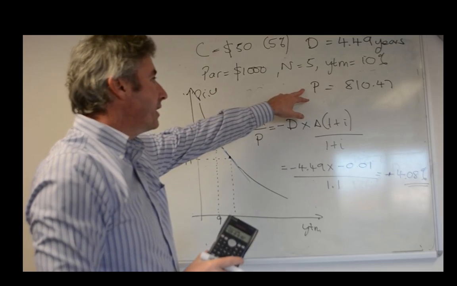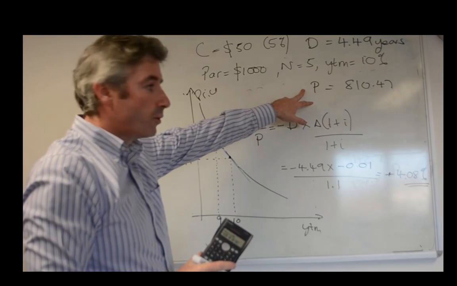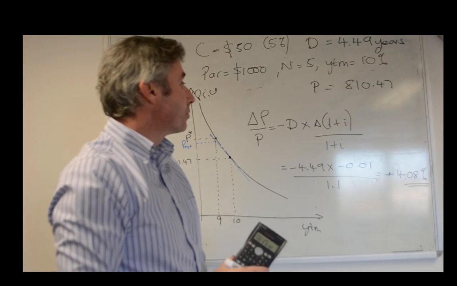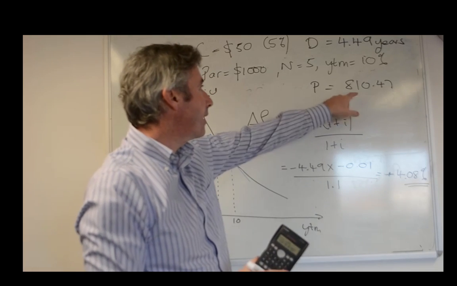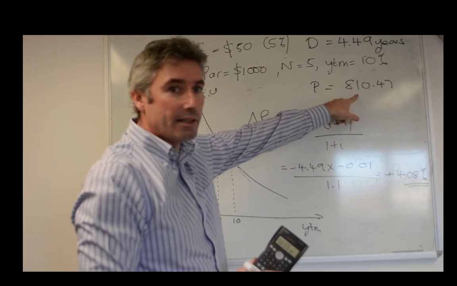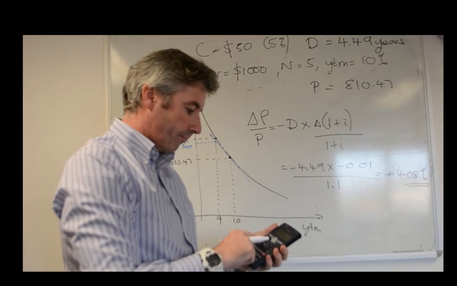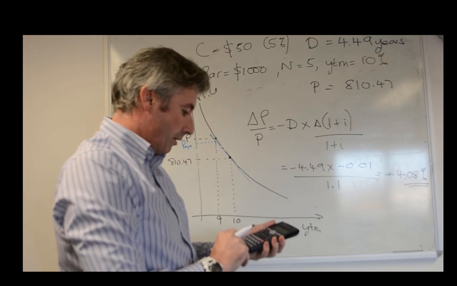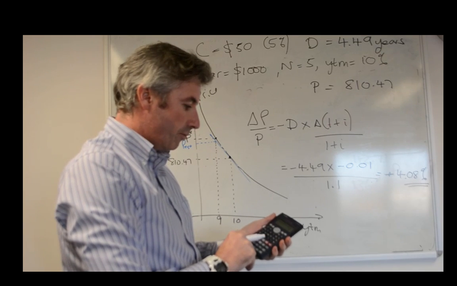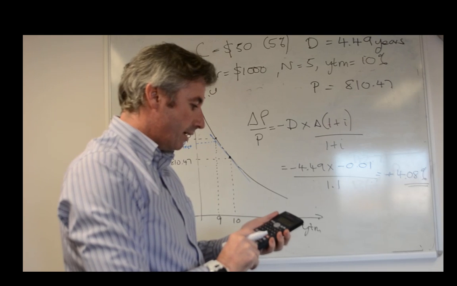Now the original price is 810.47. I just want to add 4.08% to that. So that's very easy. If I just multiply this by 0.0408 and then add 810.47 onto it. So 810.47 times 0.0408 and then add on.